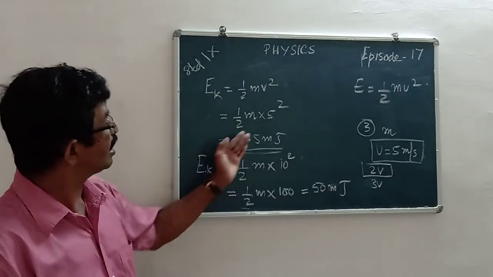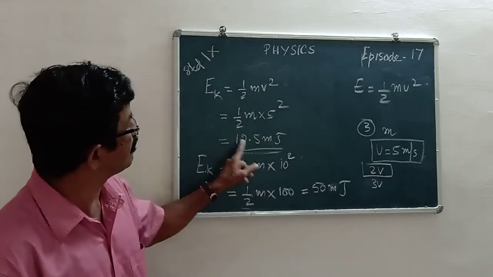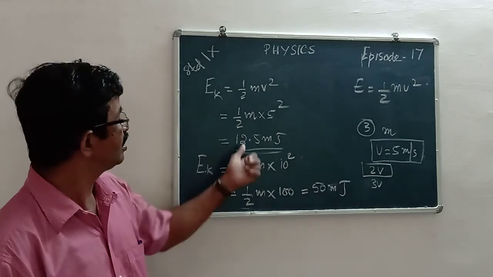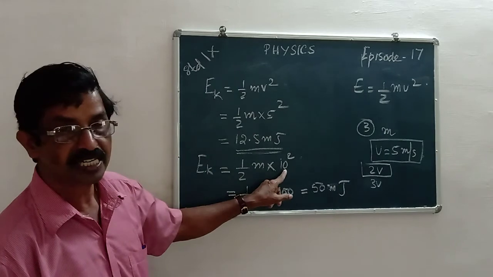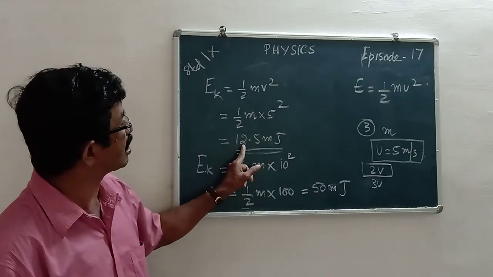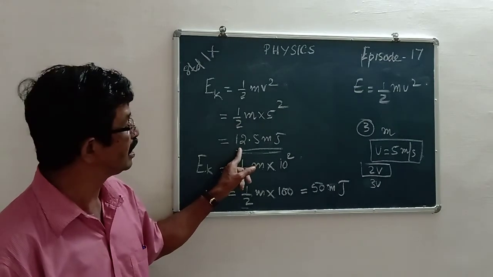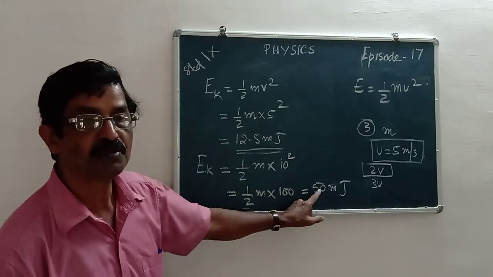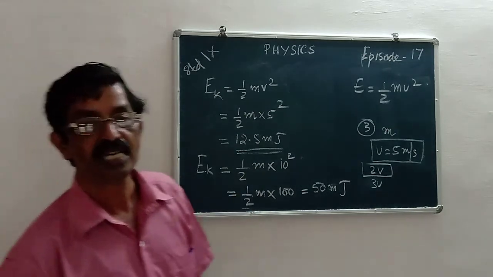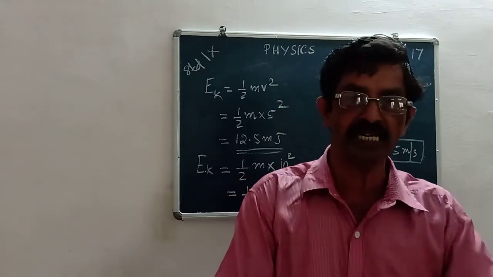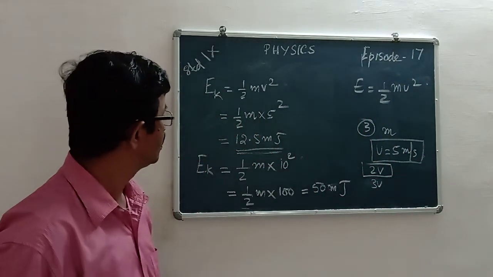So when the velocity is doubled, 5 becomes 10, and kinetic energy becomes 50 m from 12.5 m. That means kinetic energy becomes 4 times. What we get from this: if the velocity of the body is doubled, then its kinetic energy becomes 4 times.